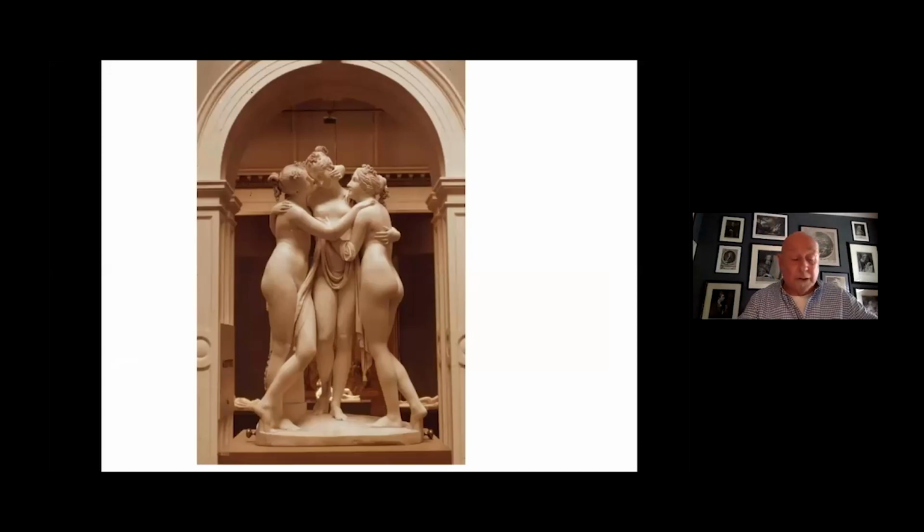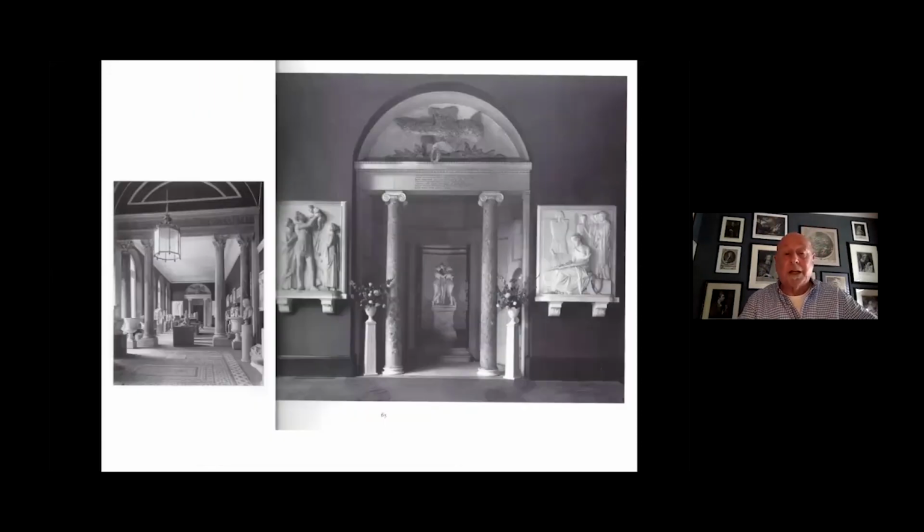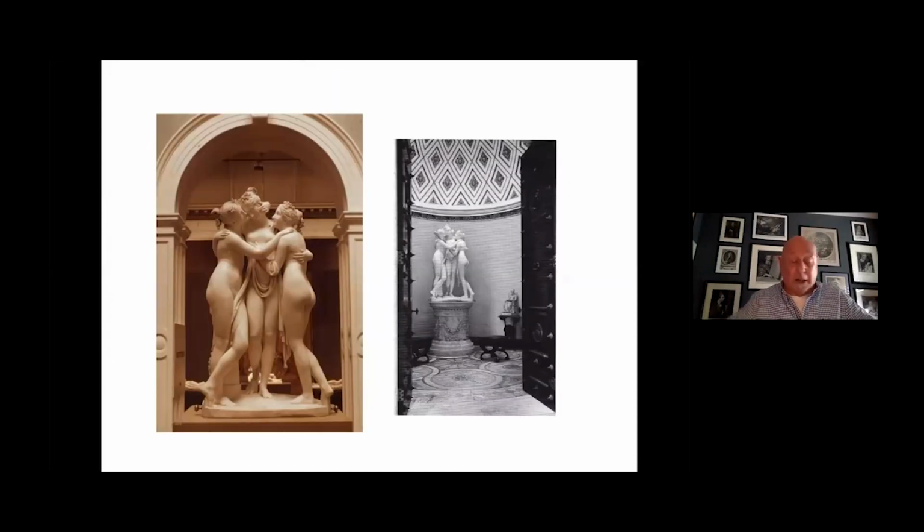Staging and framing are certainly conditions which determine how a three-dimensional figurative sculpture is viewed. In some cases, the effects of distancing and control are very explicit, as was the case with Canova's Three Graces in its setting in the Temple of the Graces at one end of the sculpture gallery at Woburn.